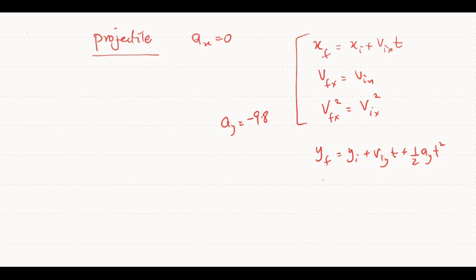And we have the second equation, v final y equals v initial y plus ay t, and v final y squared equals v initial y squared plus 2a delta y. These are the y equations. Now we will use these to solve an example.